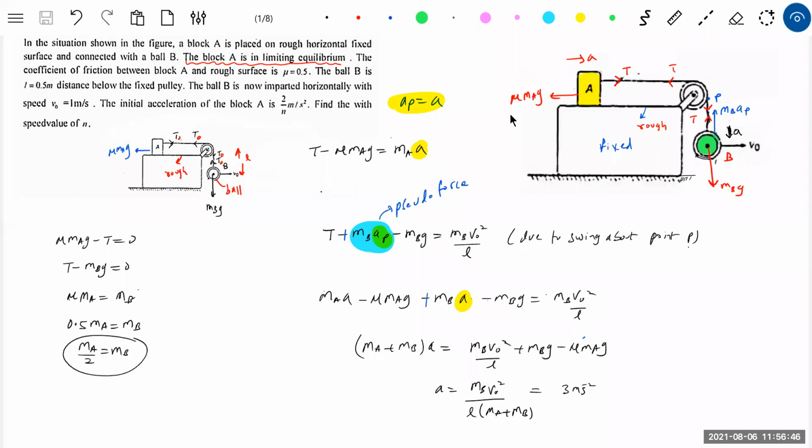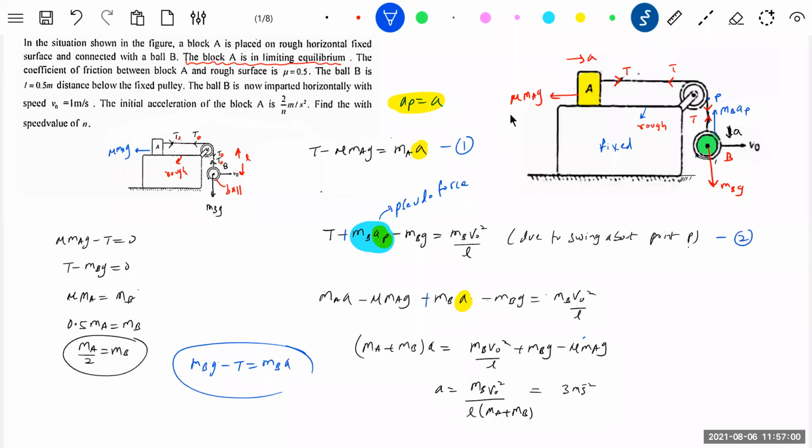Now you can ask questions, sir. Initially you wrote this equation, mbg minus T equal to mb into a, then erased it. Here there is equation 1, equation 2. What about equation 3? What is the motion of ball B?